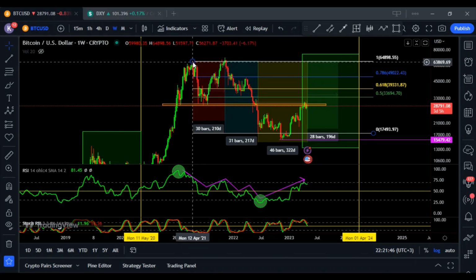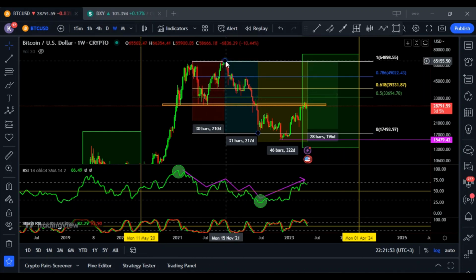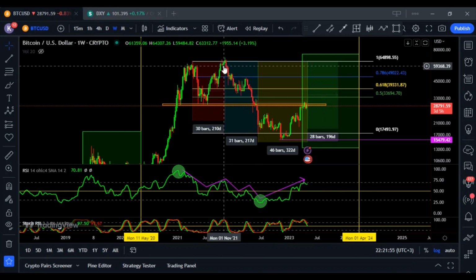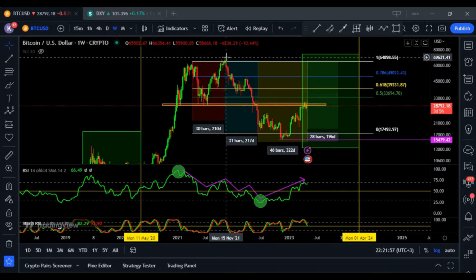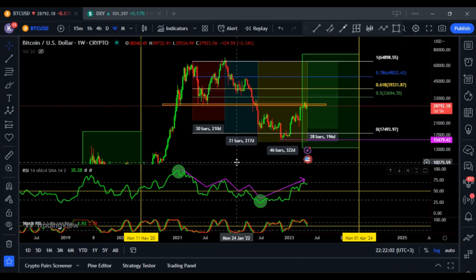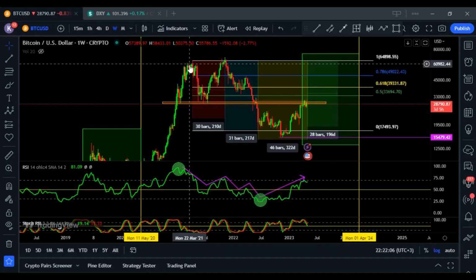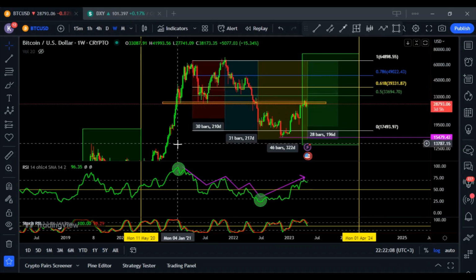For me, it is the top of the last cycle. The other one was a rebound into it, and that was the end of the red zone, not the top of the cycle, even though the price action came in a bit higher. But since this is based on the RSI theory, then this was the top. The first run was the top based on the RSI.